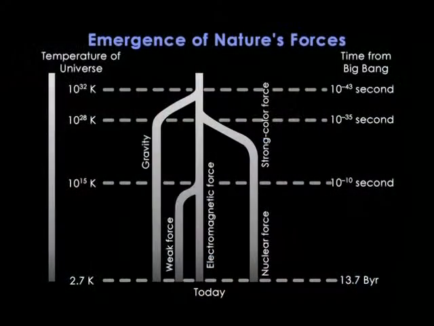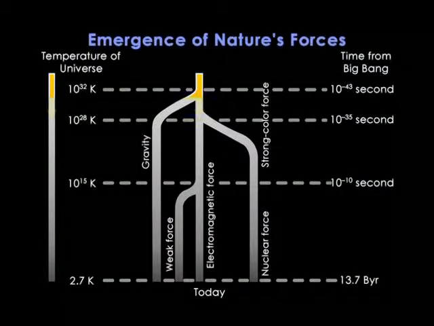Now, although these changes are imperceptible at millions or even billions of degrees, in the amazingly higher temperatures of the early universe, these forces were radically different. And in fact, at the earliest time, they were joined as a single force. So as this diagram shows, as the temperature dropped, the character of each force emerged separately.